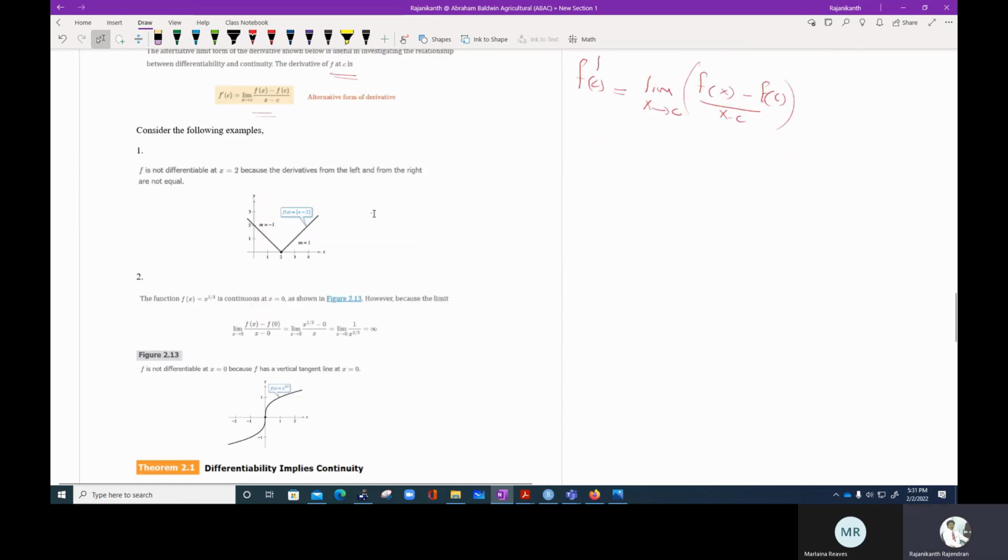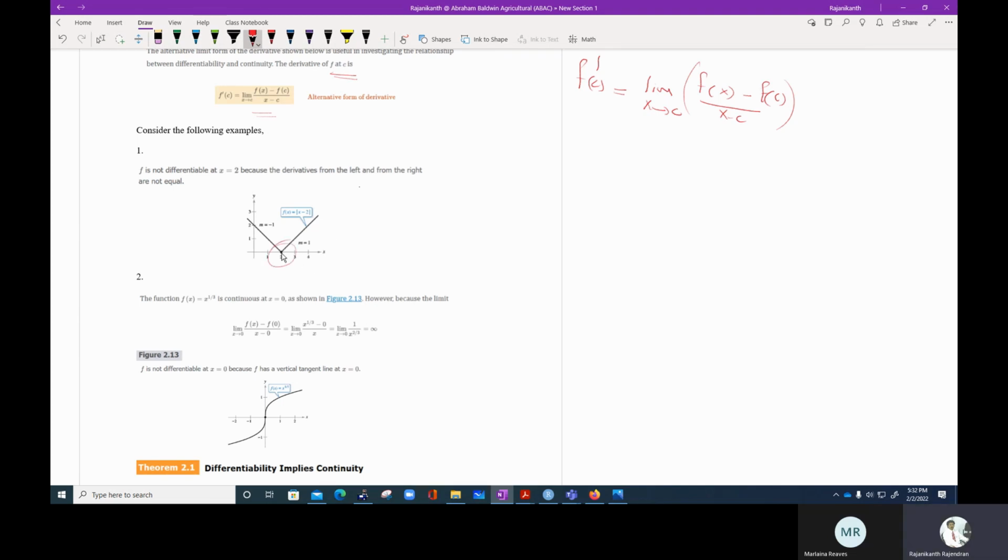Now there are a couple of things we have to observe here. Remember, you will find the derivative of f provided the limit exists, but there are some cases where you will not find the limit. Look at this problem.